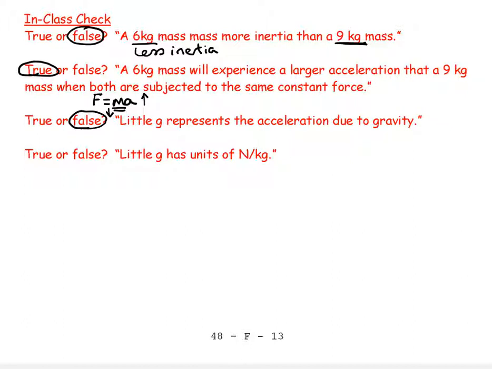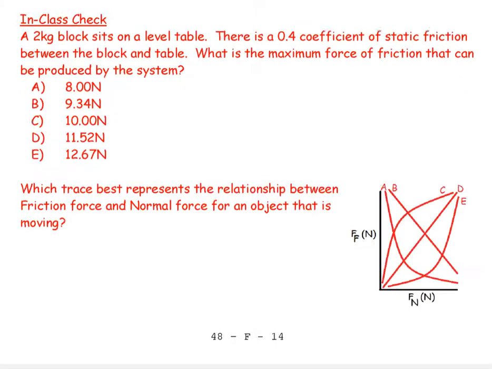And then little g has units of newtons per kilogram, because I define it as the gravitational field strength. Let's look at the next bit.